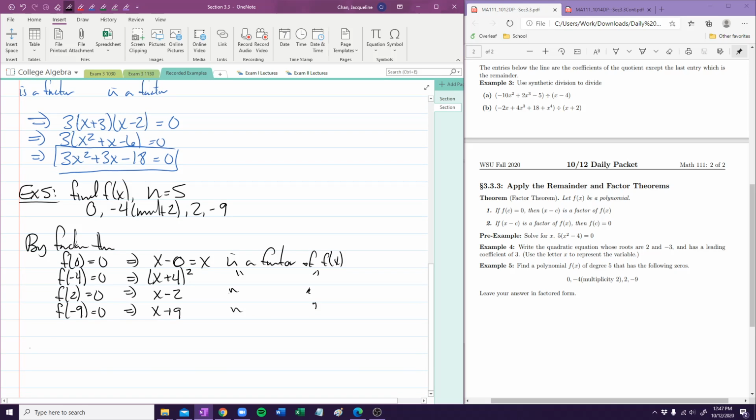So my final answer, I have f of x, and I know all of my factors. It is x plus 4 squared because it's multiplicity 2, times x minus 2, and x plus 9.